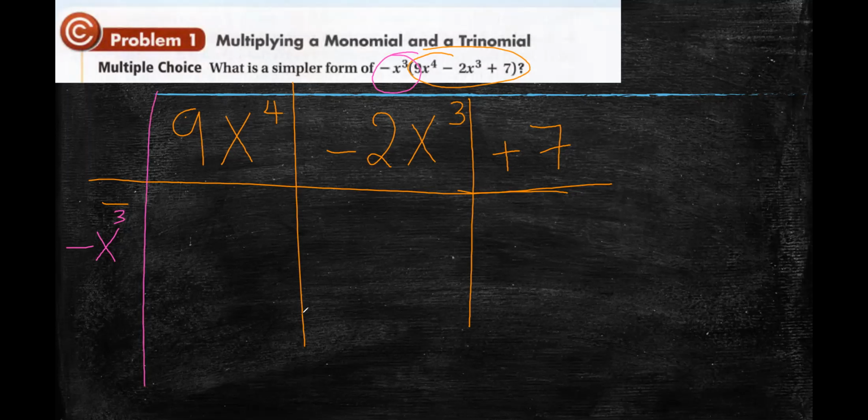I want to multiply each term with negative x cubic. This is the question: multiplying a monomial by a trinomial, multiplying negative x cubic by each term.